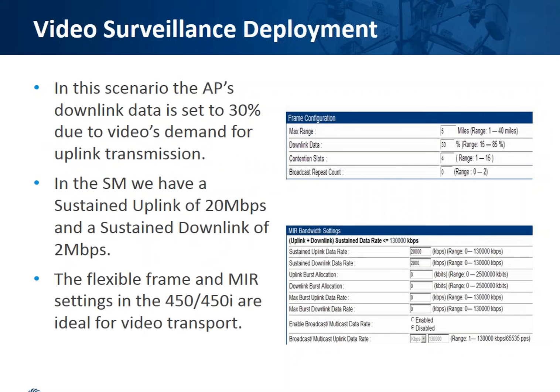So video surveillance. One of Cambium's hotbeds, especially with the release of our new 450i product, we're seeing a lot of need for uplink or upstream transportation. So with that, as you can see in the AP, we've actually changed the downlink percentage only to 30.